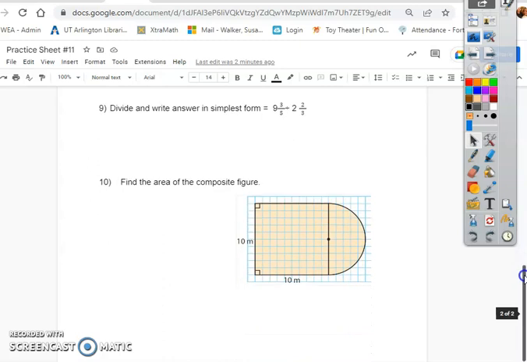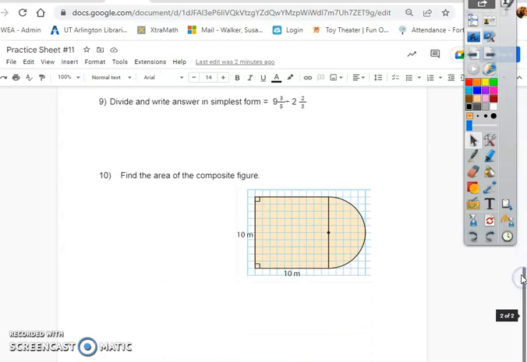Number 9, divide. So Texas, Texas. So do that on your paper. So 5 times 9 is 45, plus 3 is 48 over 5. Divide by 3 times 2, 6. 6 plus 2, 8 over 3.